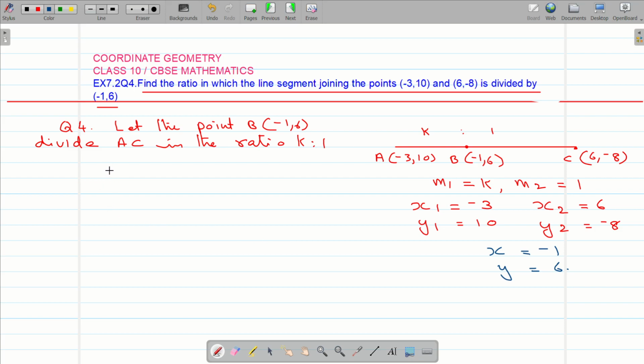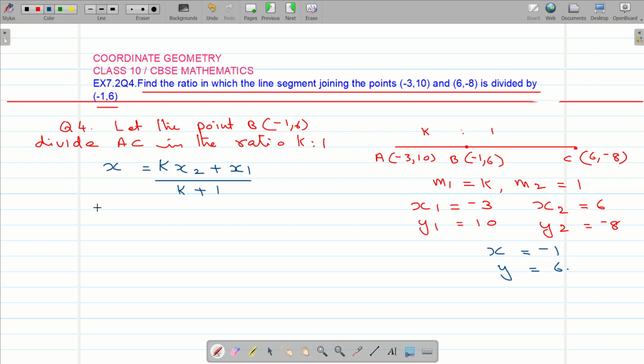So we know that x is equal to m1 x2 plus m2 x1 upon m1 plus m2, that is k x2 plus x1 upon k plus 1.